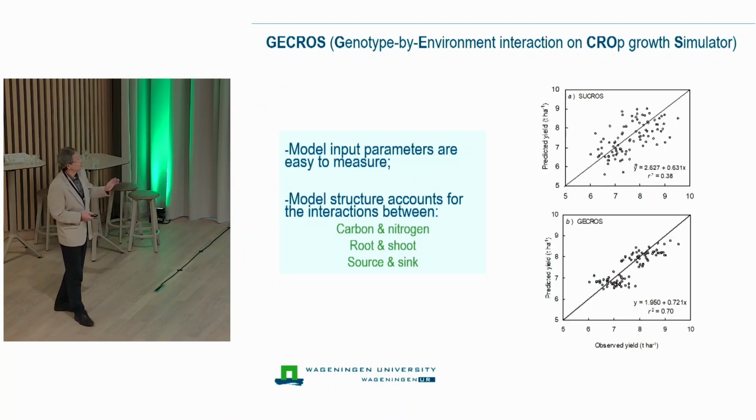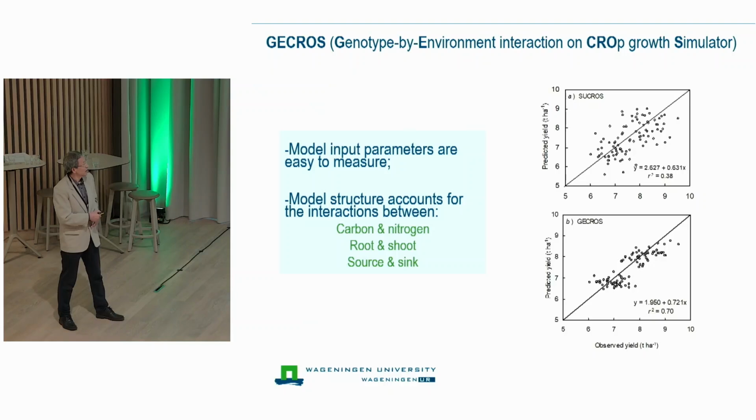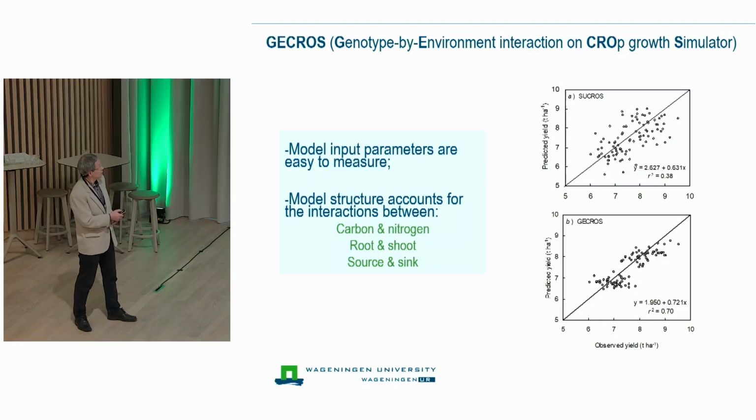We used the same data that we used earlier for testing SUCROS to test GECROS. You can see GECROS can better explain the yield differences between two subgroups of the population. The difference between the two subgroups is largely due to the segregation of a major gene in that population. But within a subgroup, the model performance is still difficult.